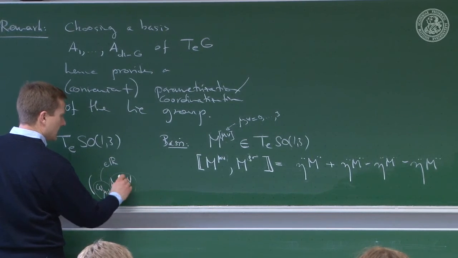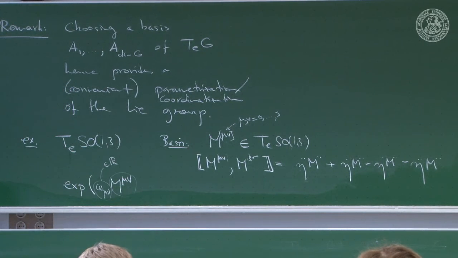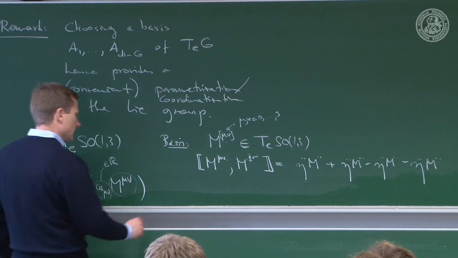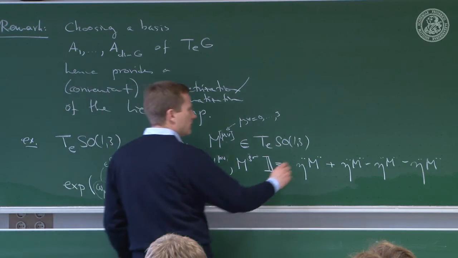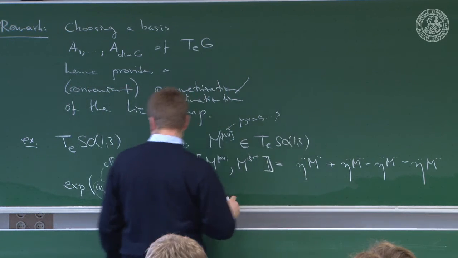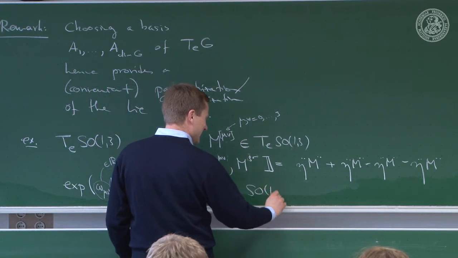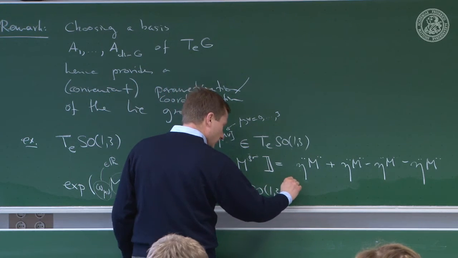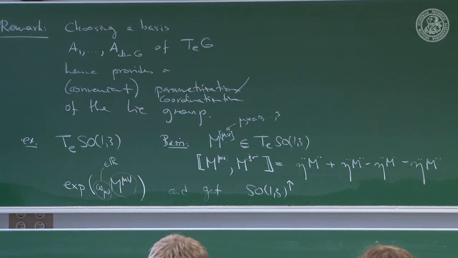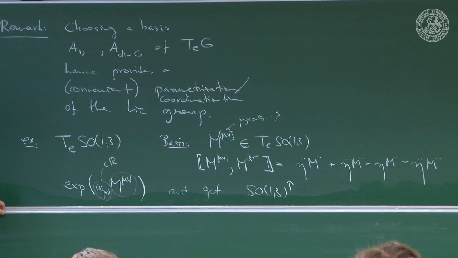And each of those guys is an element of the tangent space. And I can exponentiate those. And now I think, yeah, the only thing is you don't get back all SO(1,3). I think you only get back SO(1,3), but please check this again. So you get SO(1,3) only the orthochronous group, so where you don't have mirroring in the time direction. Where you keep future pointing vectors future pointing.